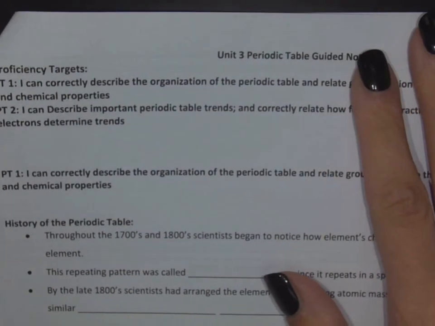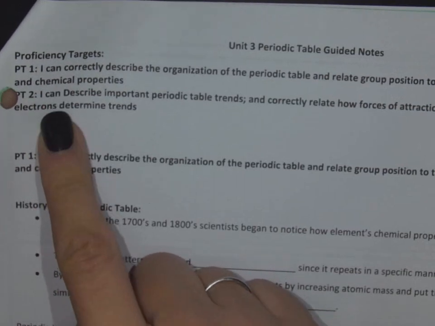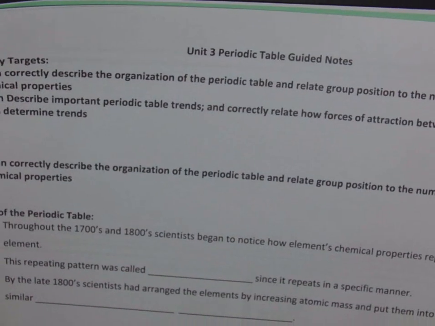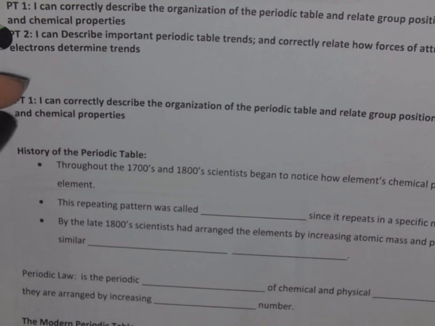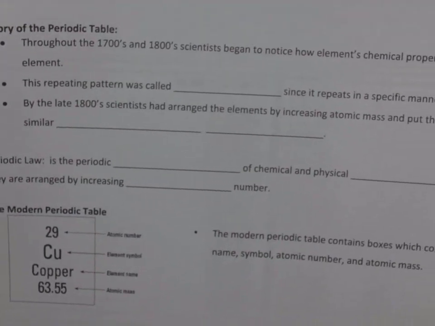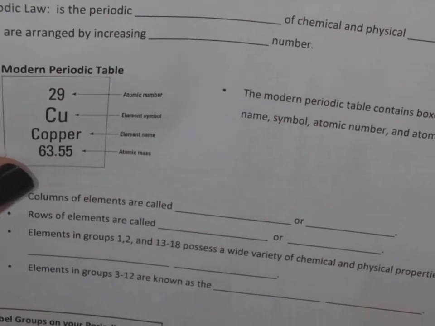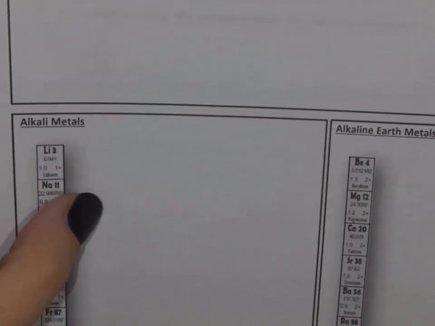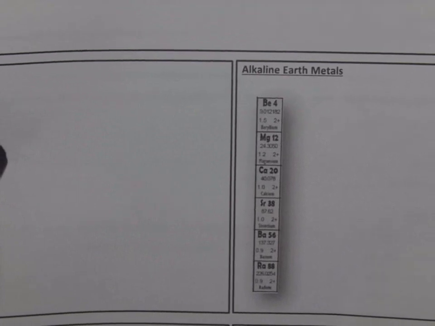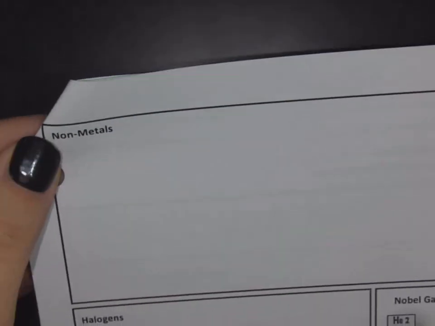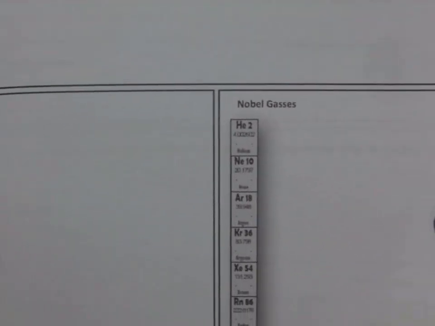I will say that we have proficiency target 1 and 2. On this organization side, I'm going to have you just use the notes to fill these portions out. There are some slides where you can fill in those blanks. Then you will be able to write down the characteristics of metals, alkaline earth metals, transitions, metalloids, nonmetals, halogens, and noble gases.